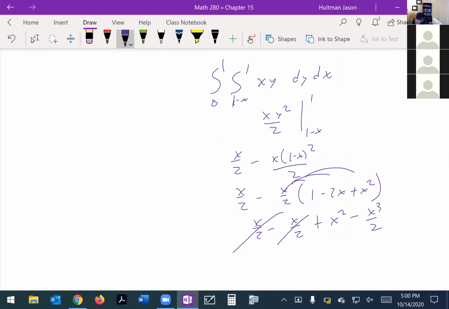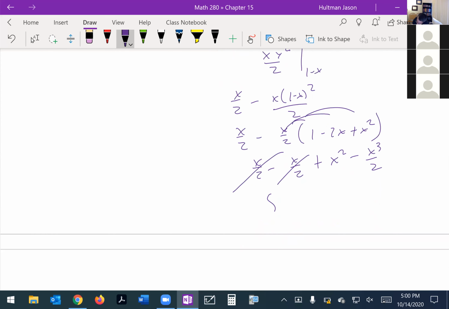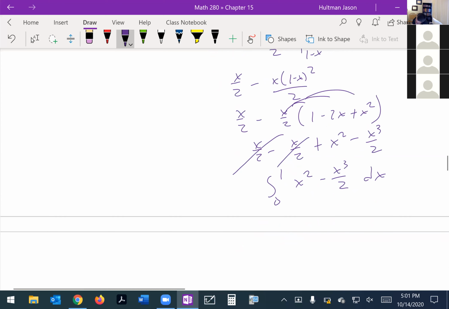Now I want to integrate this from 0 to 1 dx. This becomes x cubed over 3 minus x to the 4th over 8 from 0 to 1.